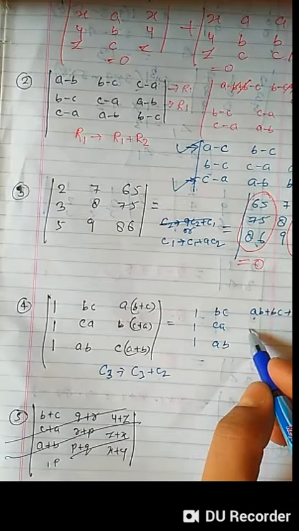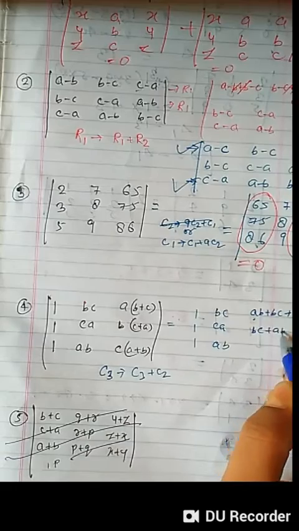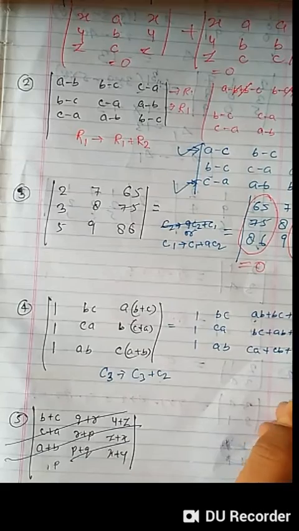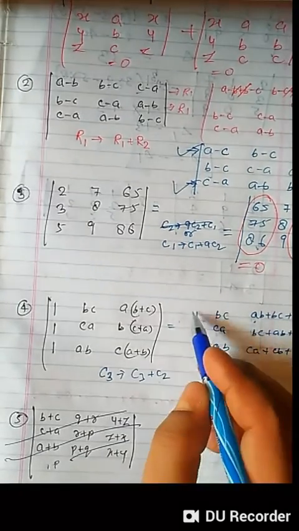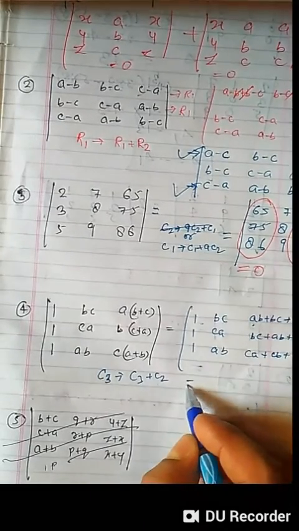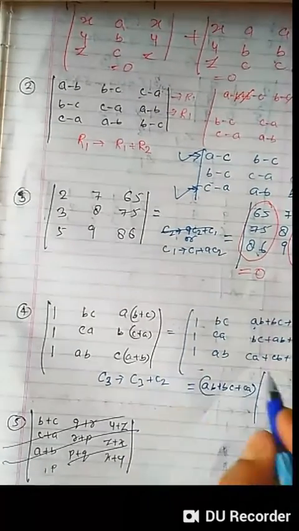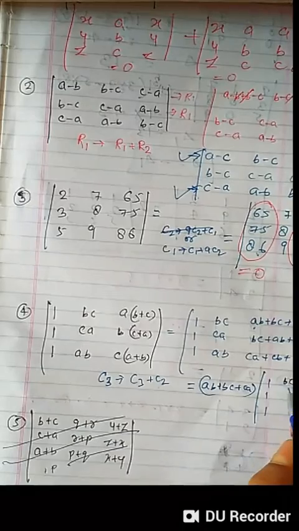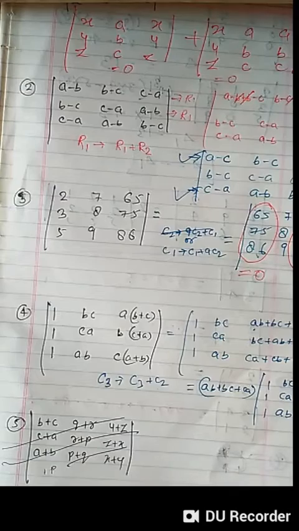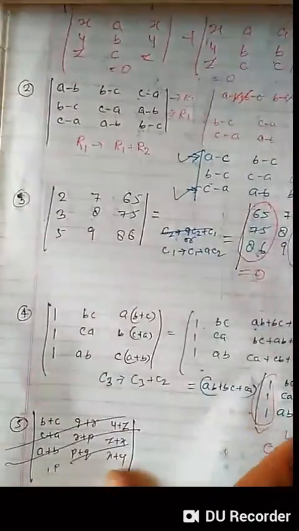Likewise, this is also the same, BC plus AB plus CA. This is also the same, CA plus CB plus AB. All three elements are similar. If we take this common, AB plus BC plus CA common, the determinant will become 1 1 1, BC CA AB, 1 1 1. So these two columns are identical, so its value will be 0.